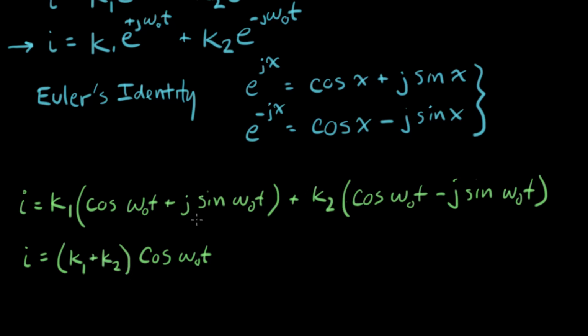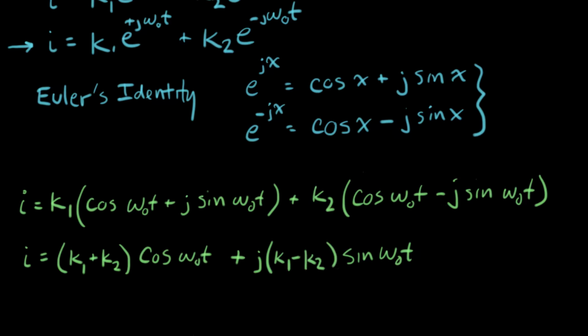All right. Now let's add to that. We have j sine and j sine, so I'll write sine omega naught t over here, and j times what? J times K1, and this time we have this minus sign that makes it minus K2.